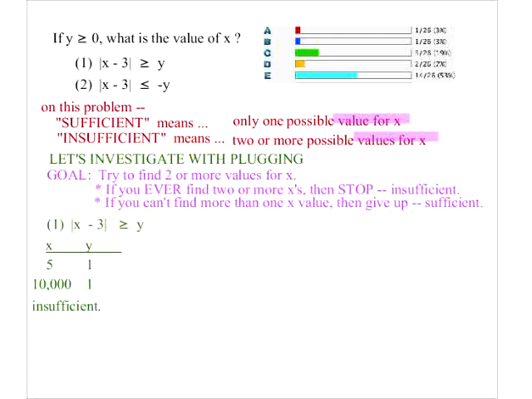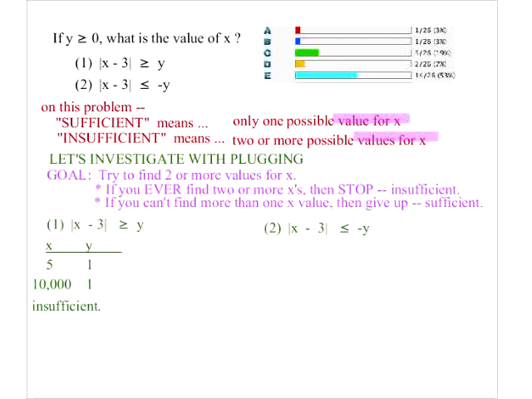Let's do statement 2. Absolute value of x minus 3 is less than or equal to negative y. Can somebody give me an x and a y that make this true?